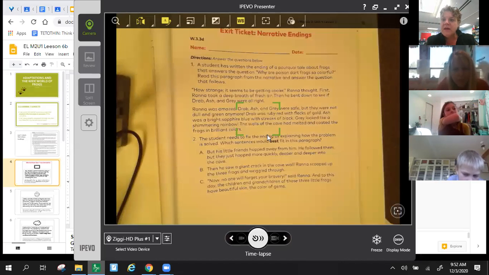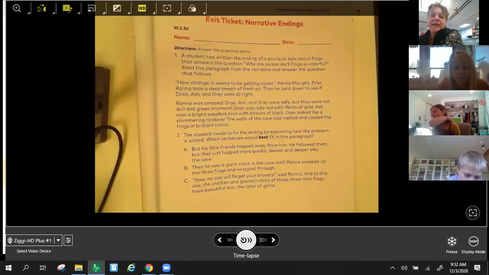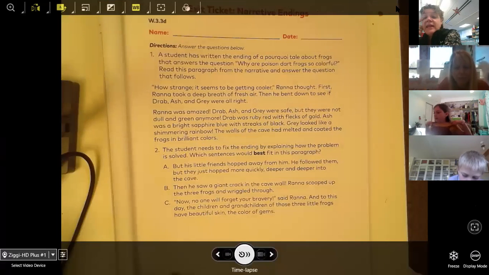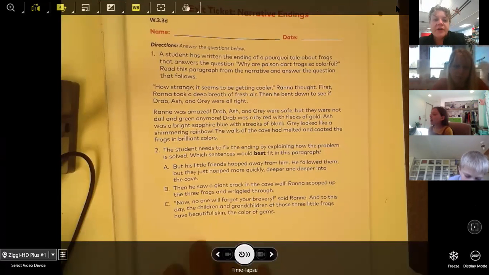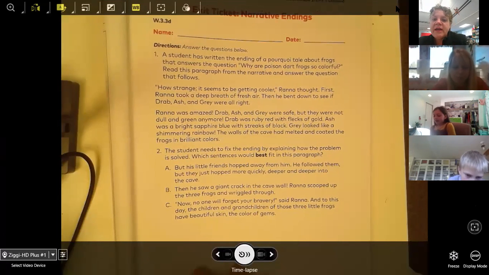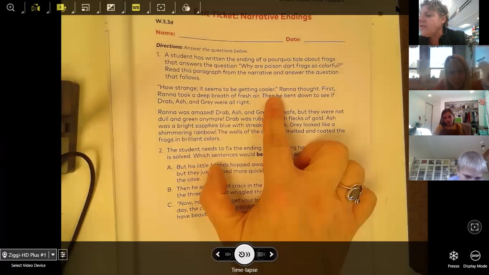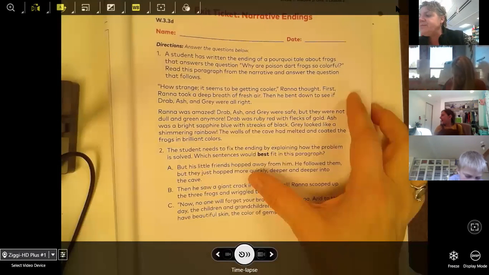All right. On page 21, it says, a student has written the ending of a pourquoi tale about frogs that answers the question, why are poison dart frogs so colorful? Read this paragraph from the narrative and answer the question that follows. How strange. It seems to be getting cooler, Rana thought. First, Rana took a deep breath of fresh air.